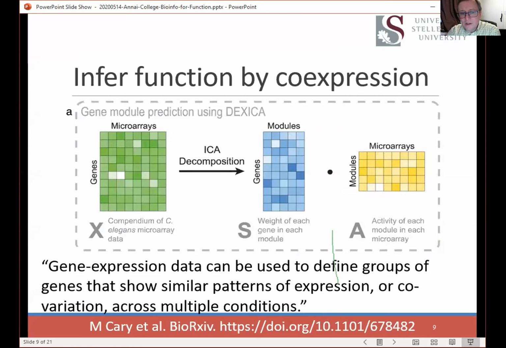So if you imagine that we have microarray experiments where we've measured the same set of genes over a very broad set of conditions, maybe let's say we're looking at yeast, right? So a lot of people are doing baking given that they're locked down in their homes right now.